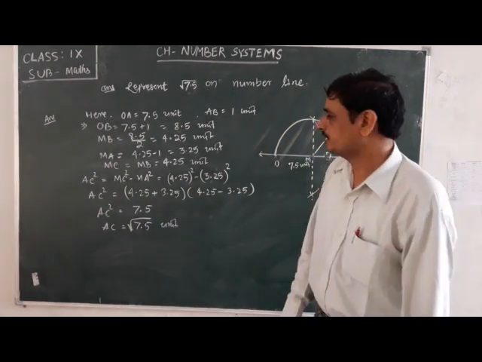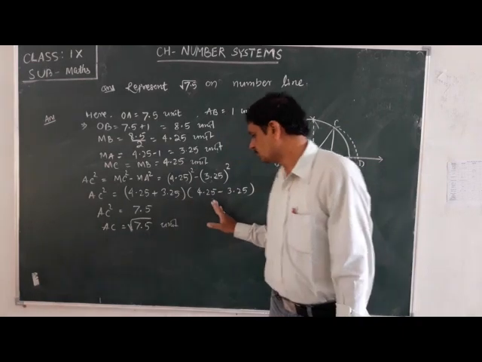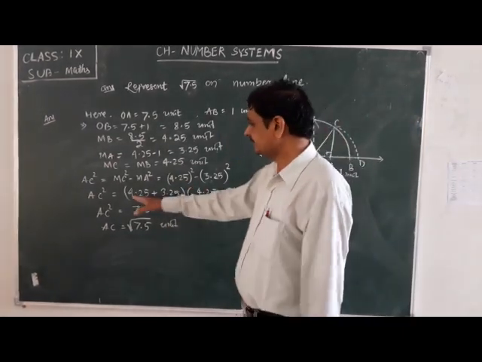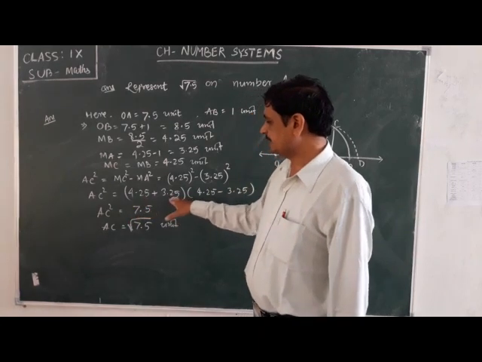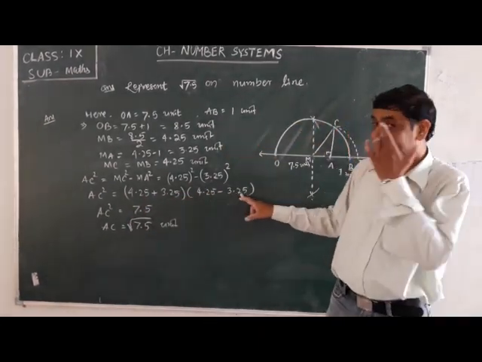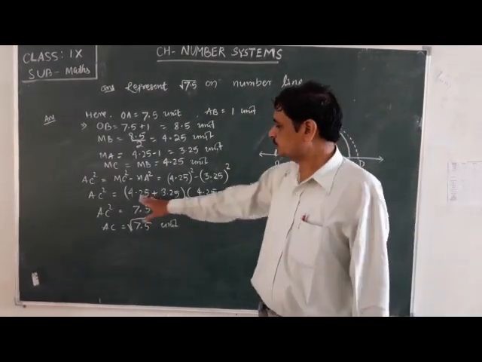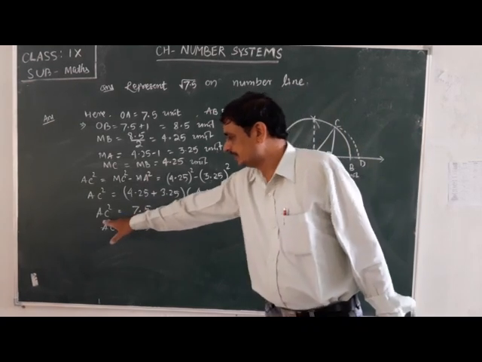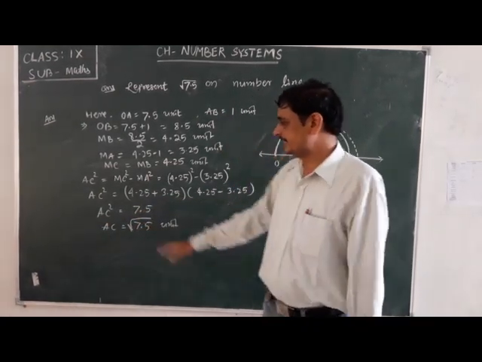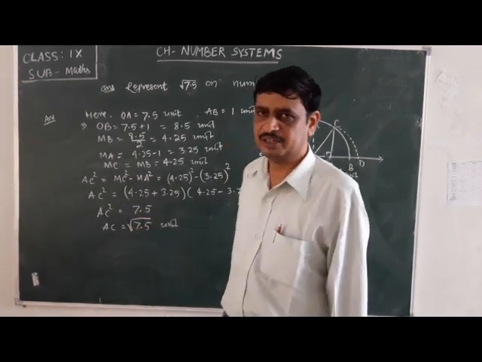Here, 4.25 plus 3.25 whole into 4.25 minus 3.25. 4.25 plus 3.25 becomes 7.5, into 4.25 minus 3.25 becomes equal to 1. So 1 into 7.5 becomes 7.5, AC square is 7.5. Since AC square is 7.5, then AC becomes root of 7.5.